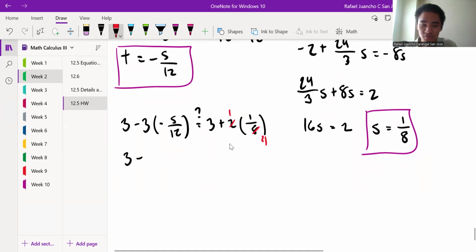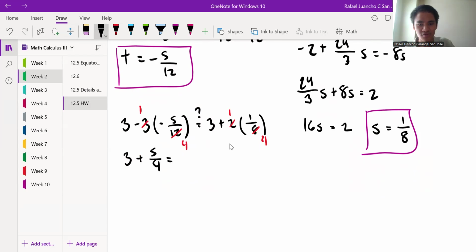So this is 3 plus 5 over 4, which is equal to 3 plus 1 over 4? That's definitely not. It doesn't work.